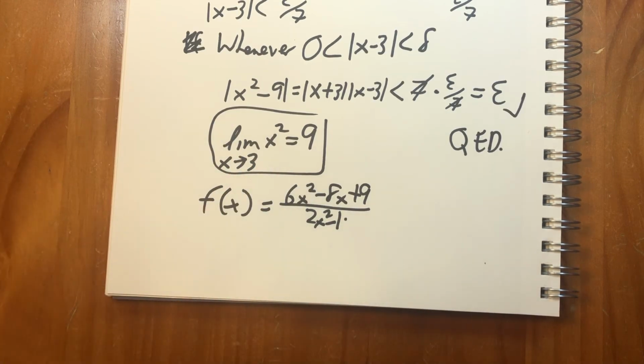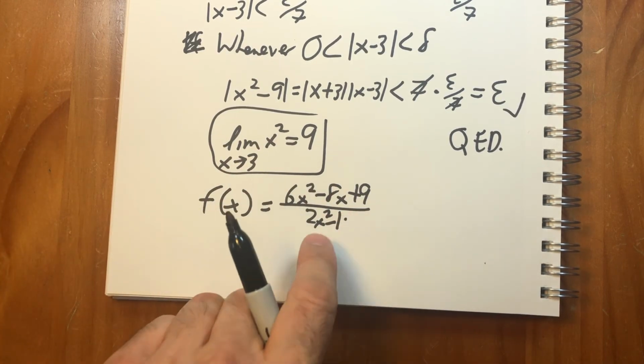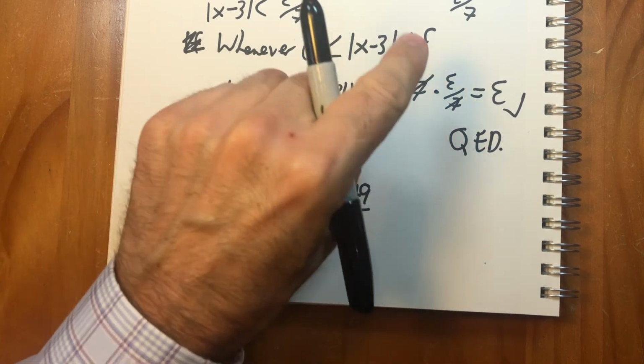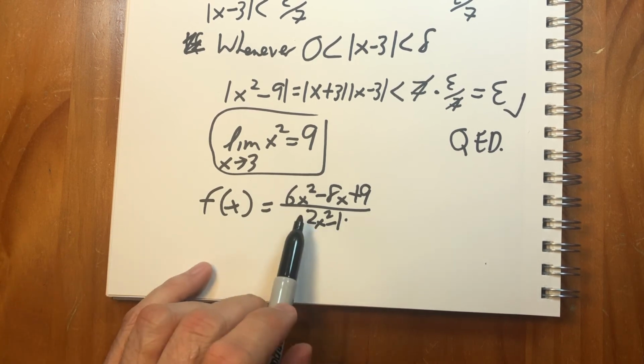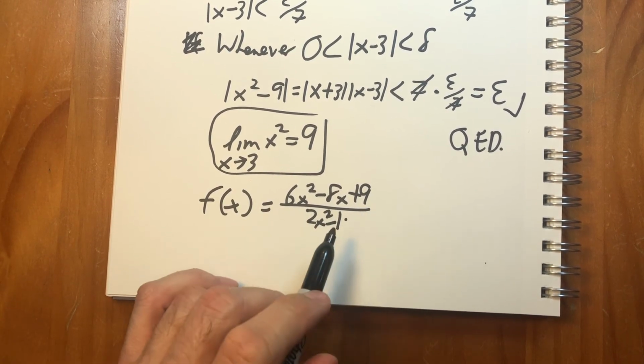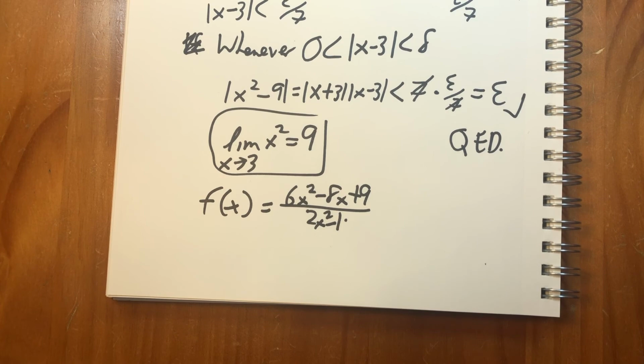So fortunately, it's not necessary to prove each limit directly using epsilon delta, because we can use epsilon and delta to prove several limit laws, which will then allow us to dramatically simplify these expressions generally. So that's what we're going to look at now.